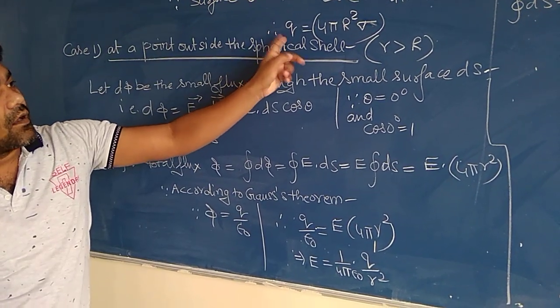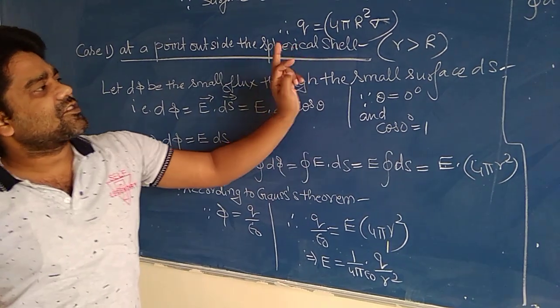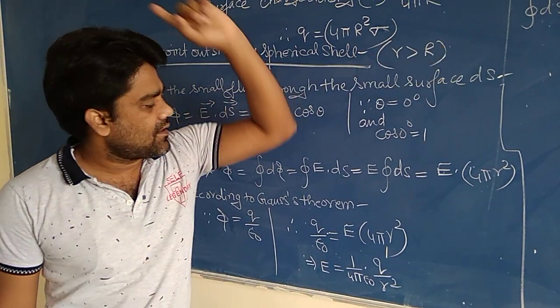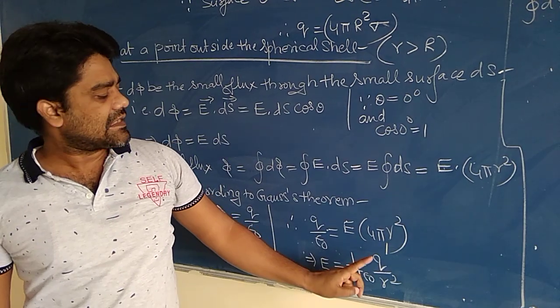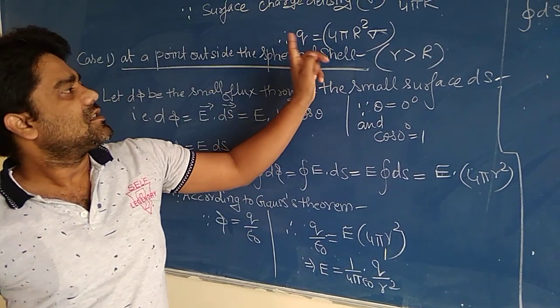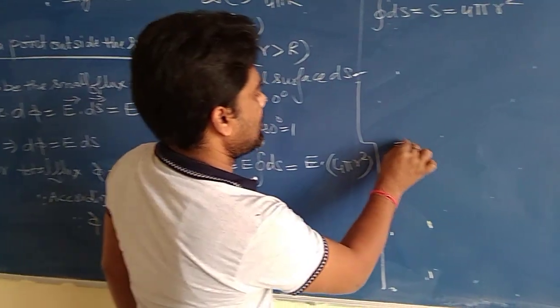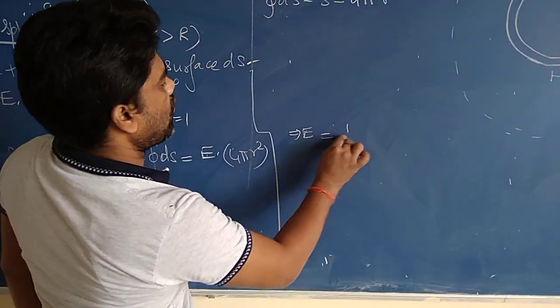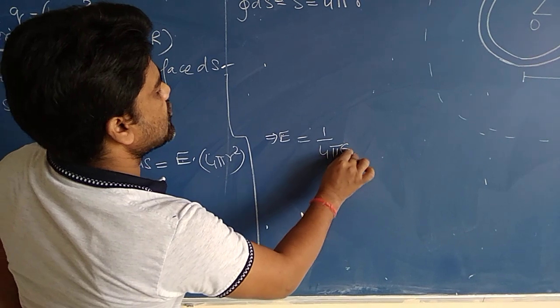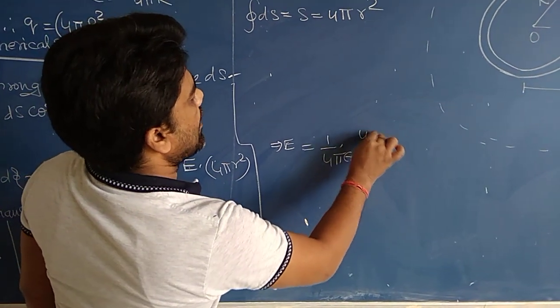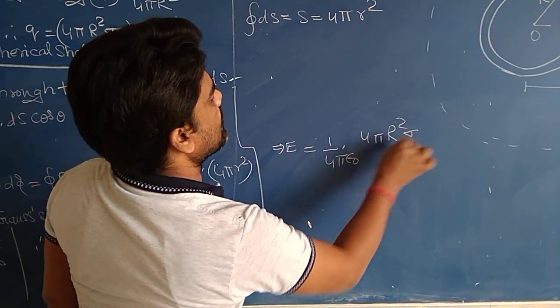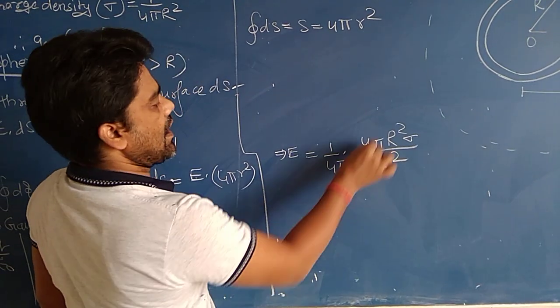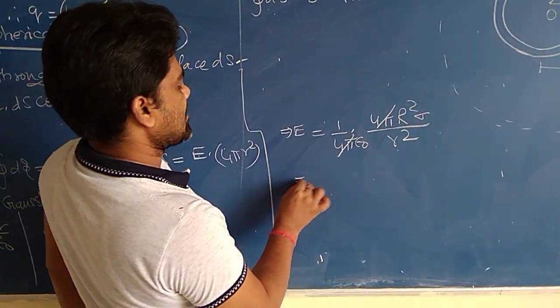Please remember, in some questions surface charge density is given, so you can replace Q with 4 pi capital R square sigma. So you can write E equals 1 upon 4 pi epsilon naught into 4 pi capital R square sigma upon small r square. 4 pi cancel.